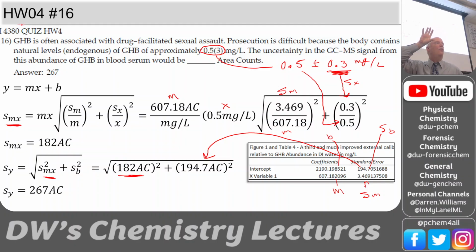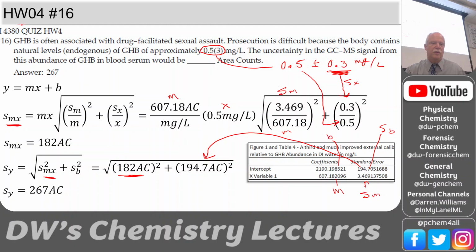So that's the uncertainty on the y-axis. We have the counts from our endogenous amount of GHB, and then our uncertainty because of the 0.3. Our bodies naturally produce 0.5 plus or minus 0.3, so we have an uncertainty on that y value of 267 area counts, which sounds like a lot. I mean, it's about 10%.